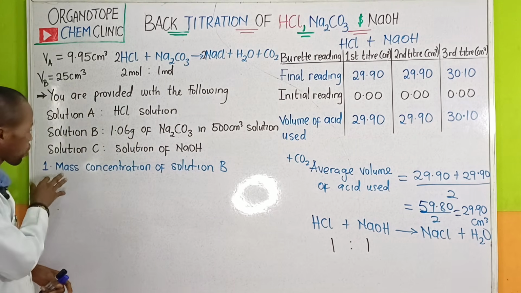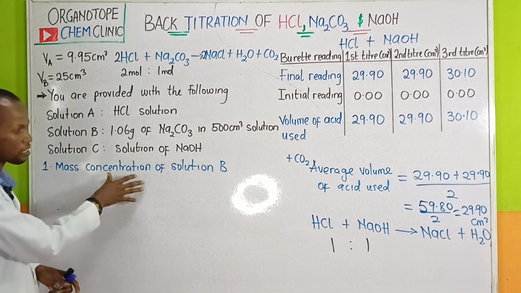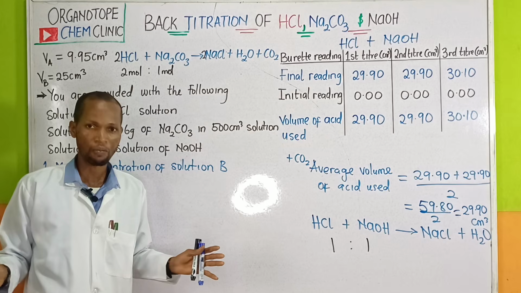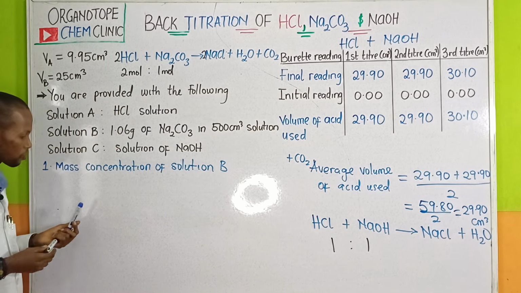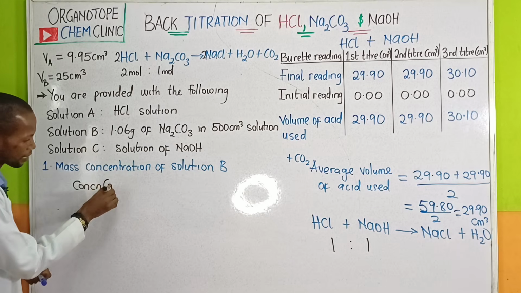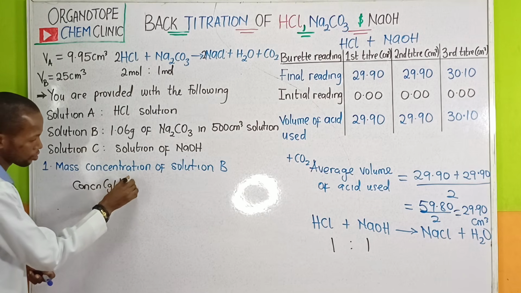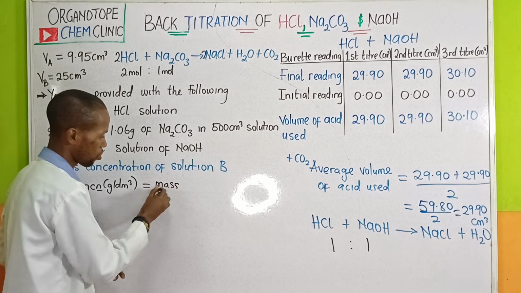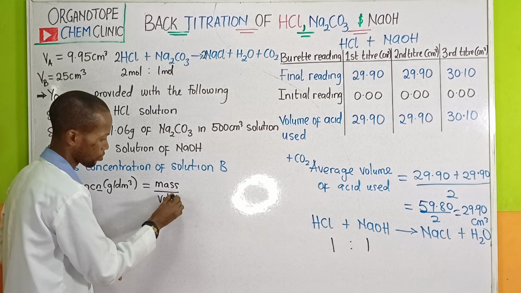Okay. So the first question, we have to determine the mass concentration of solution B, which is the mass concentration of sodium carbonate. Then we are expected to use this formula: concentration in gram per dm³ equals mass over volume.